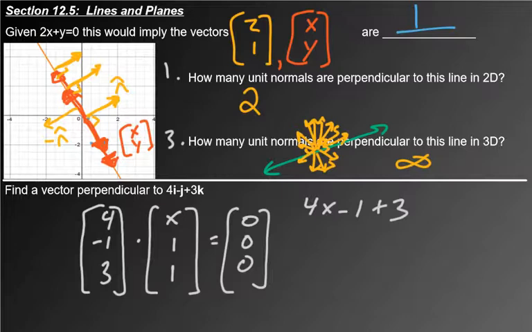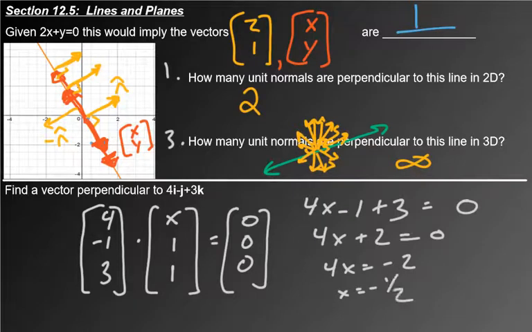If you just solve this out, you basically get a single variable equation to solve. We know that we want this result to be equal to 0. So 4x plus 2 needs to equal 0. So 4x is -2, and x would be equal to -1/2.